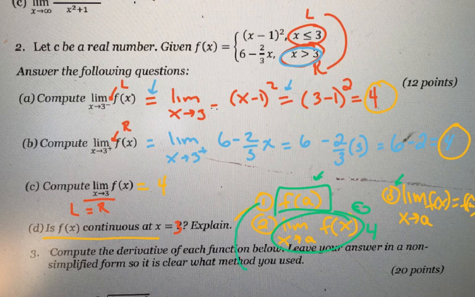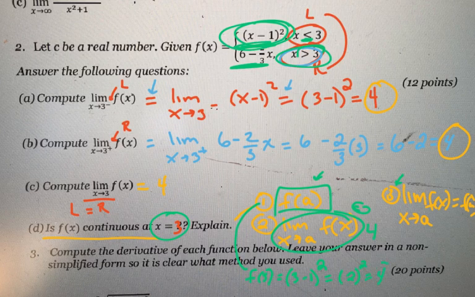So f of a means, okay, you want to evaluate that function at 3. So look up over here, notice, see the equal sign here? This is where the function is equal to 3. So you're going to substitute 3 into that part only, because it's the only part where it's equal to 3. It's not equal to 3 using this piece, just this piece. And deja vu, you did it already, right? So this is 4.